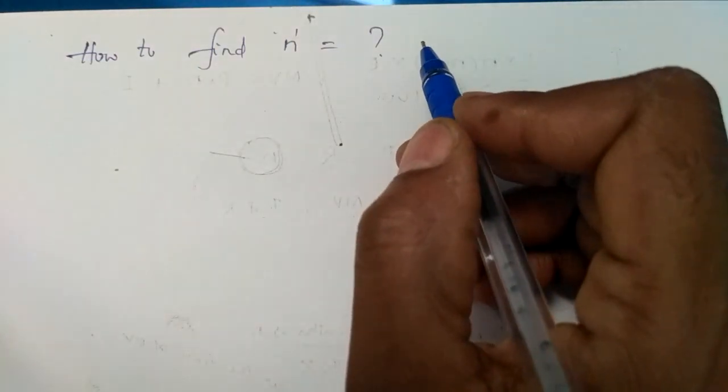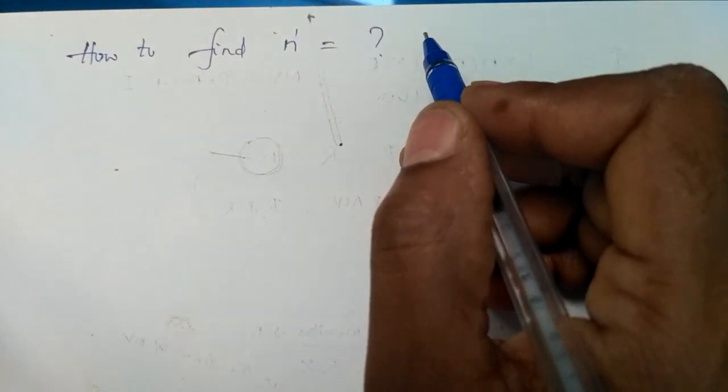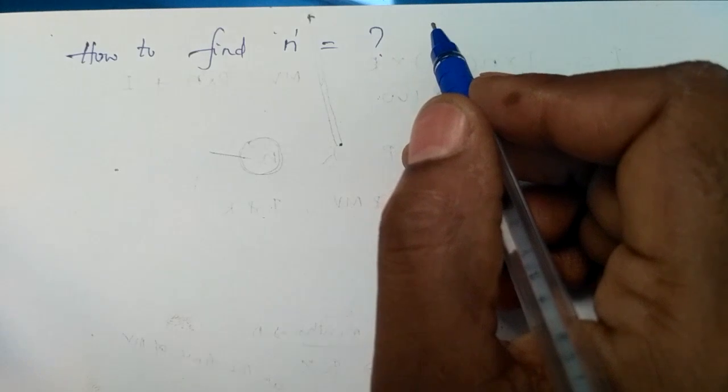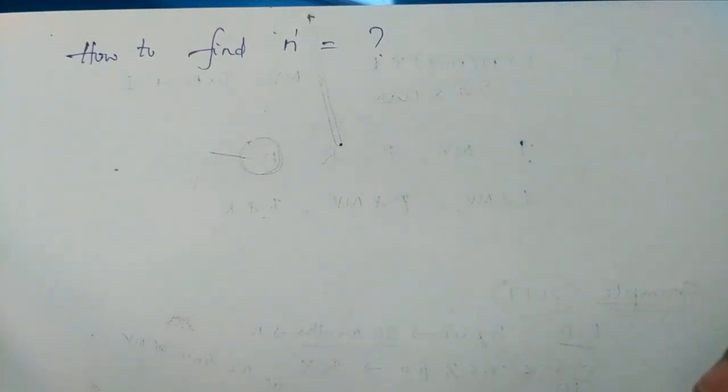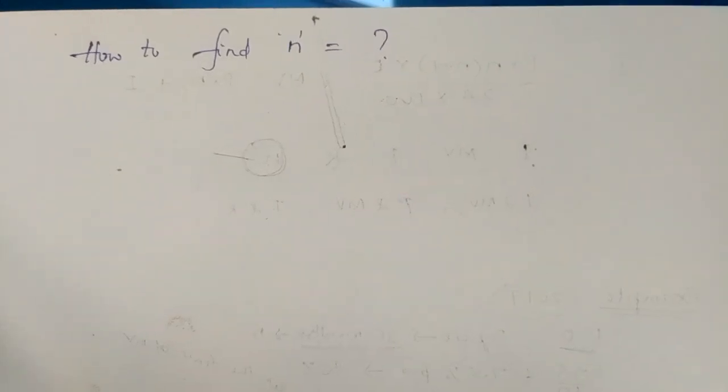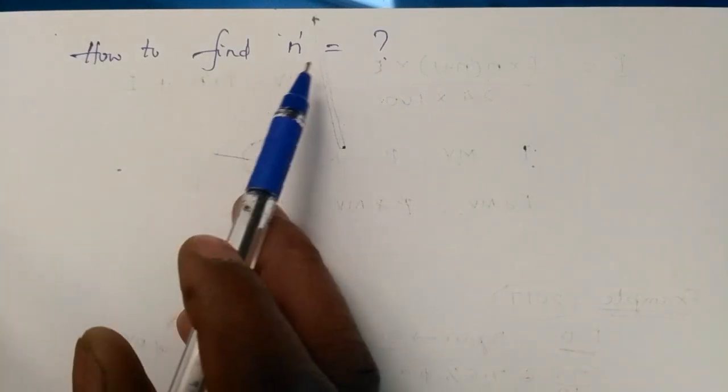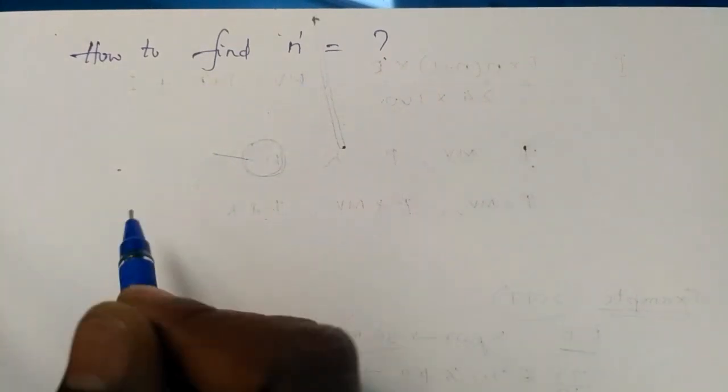Below-average students will feel these problems are difficult. I finding, MV finding, rate of interest we have seen are not difficult, but n finding will feel somehow difficult. But by practice we can make those problems easy too. I'll give you some tricks to solve this unknown finding of n. So let us follow that.